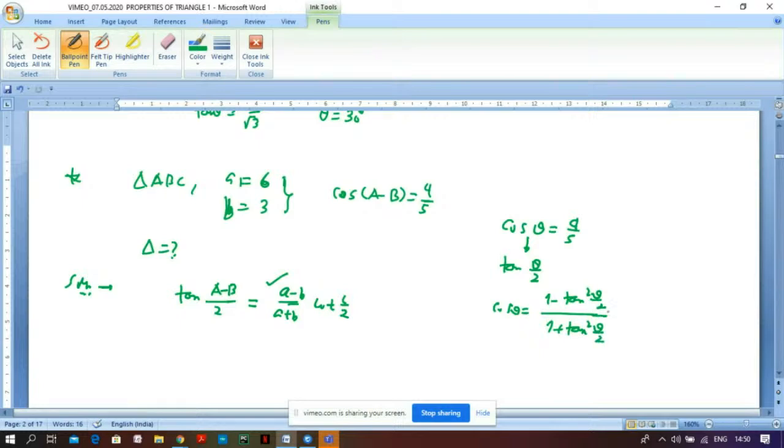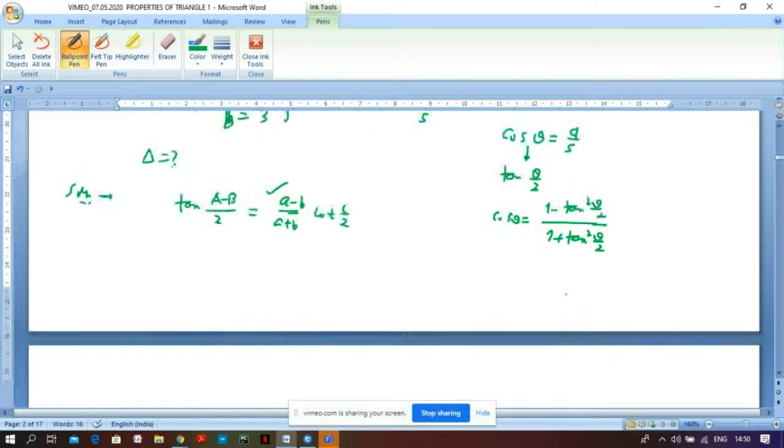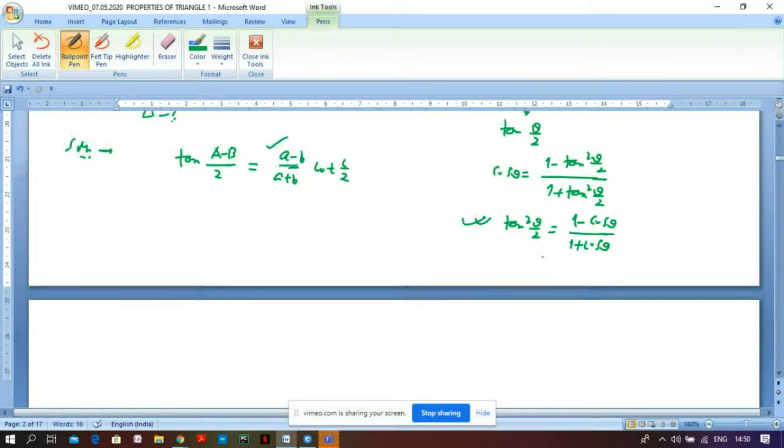And if you do the work, or you can better write this in a different manner, directly tan squared theta over 2, that will be nice. It is (1 minus cos theta) over (1 plus cos theta), because I want to find tan of theta over 2 given cos theta, so this is a better option. Now if I write using this one, then I get tan squared of theta over 2 is 1 minus cos theta, that is cos of (A minus B), that's 4 over 5, over 1 plus 4 over 5, that gives us quickly 1 over 9.